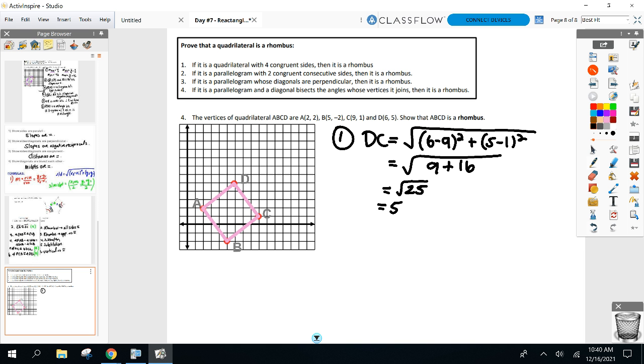Let's roll. CB. You guys can fill in the rest: CB, AB, and AD. You know what it should come out to be. If it doesn't come out to be the square root of 25, that is user error.